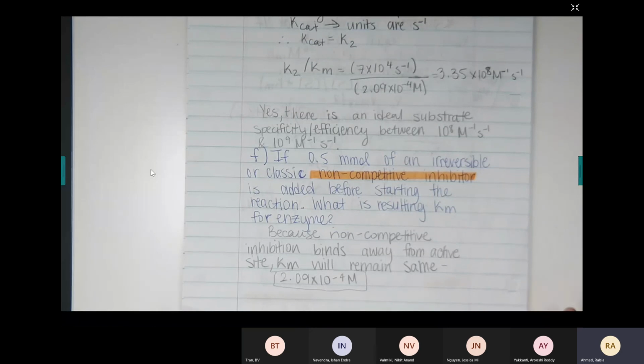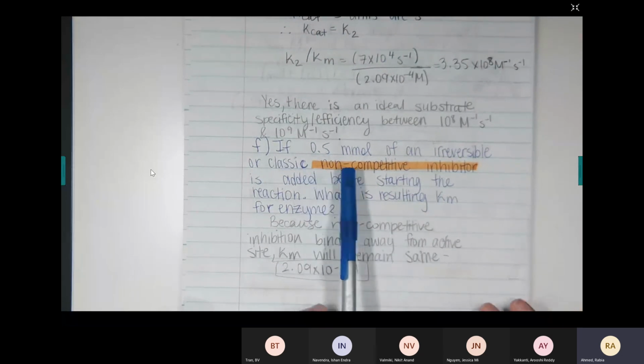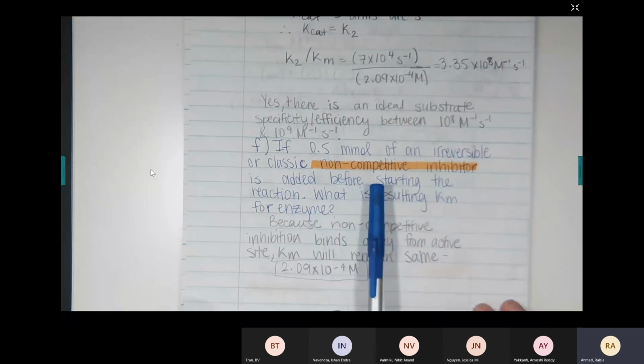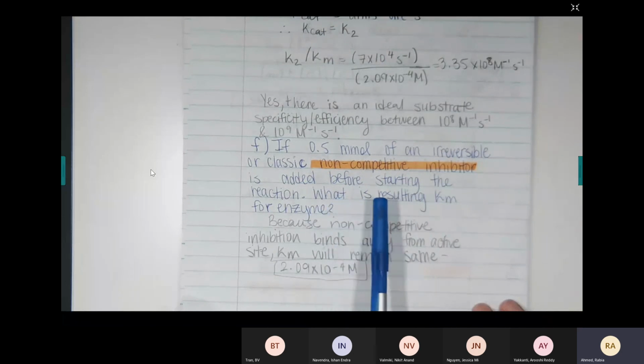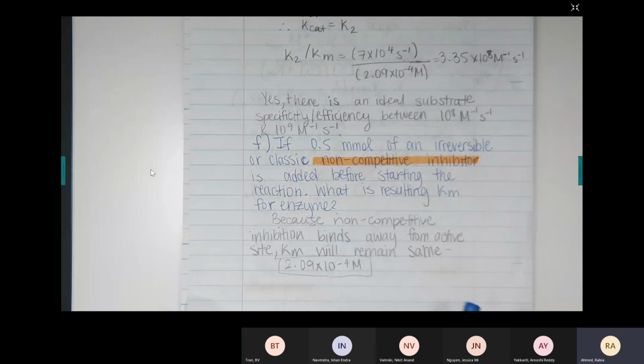But for the test overall, you just have to know how it shifts the Km, the y-intercept, and the Vmax.